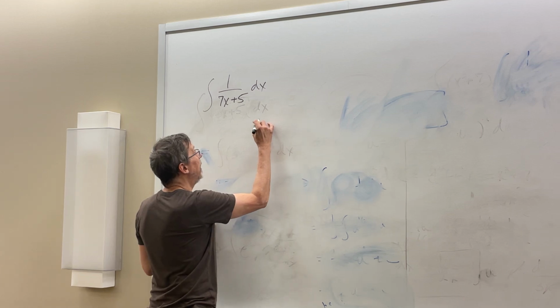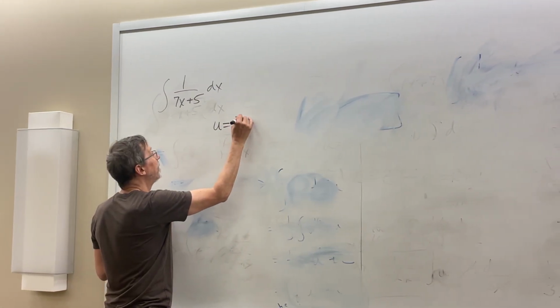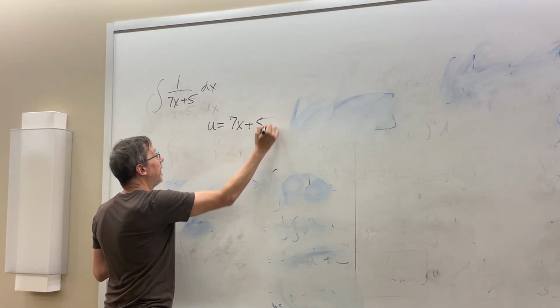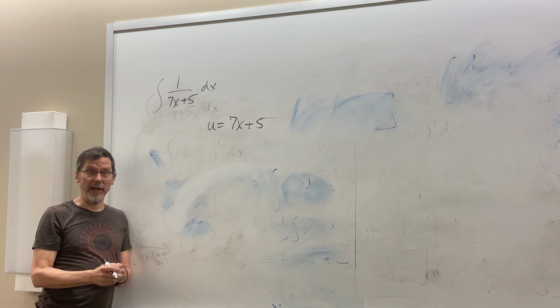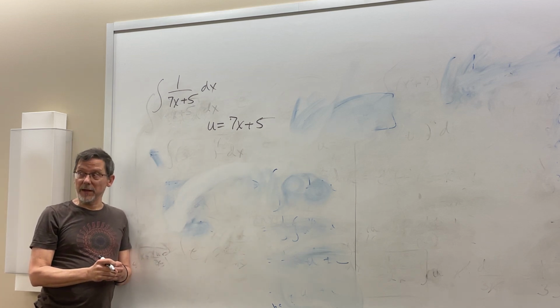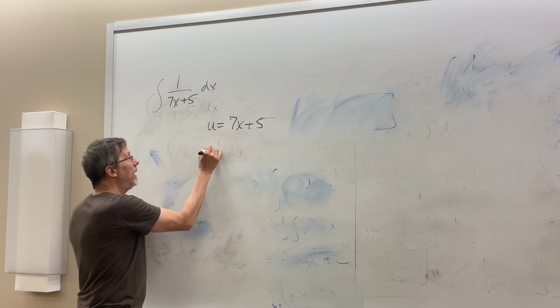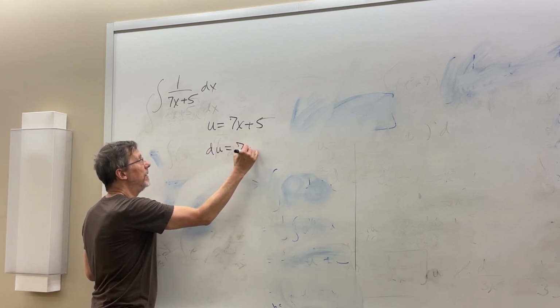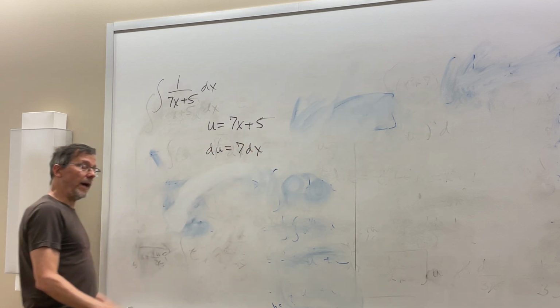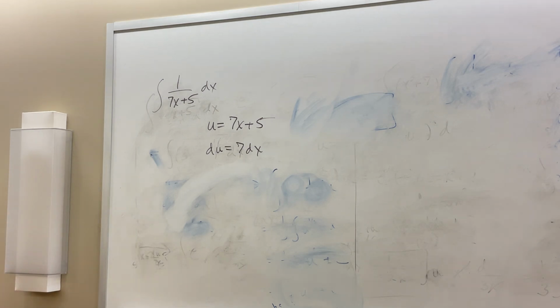So if we're trying that, that's going to be our u. We all feel right about that? Yeah, it's the denominator, right? And then du is 7dx. We're really almost done.